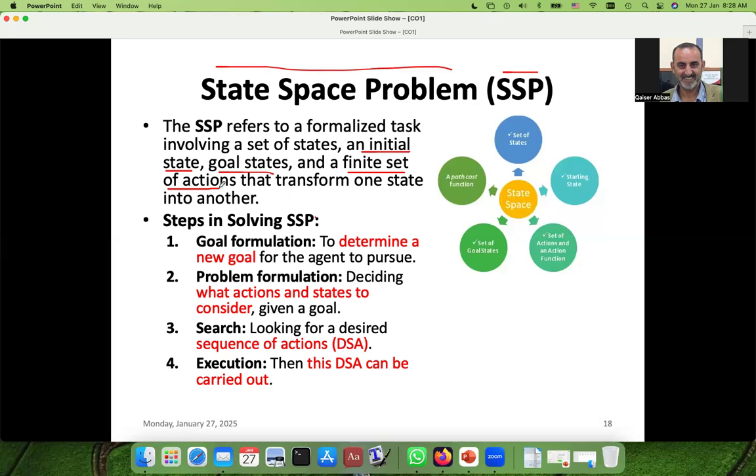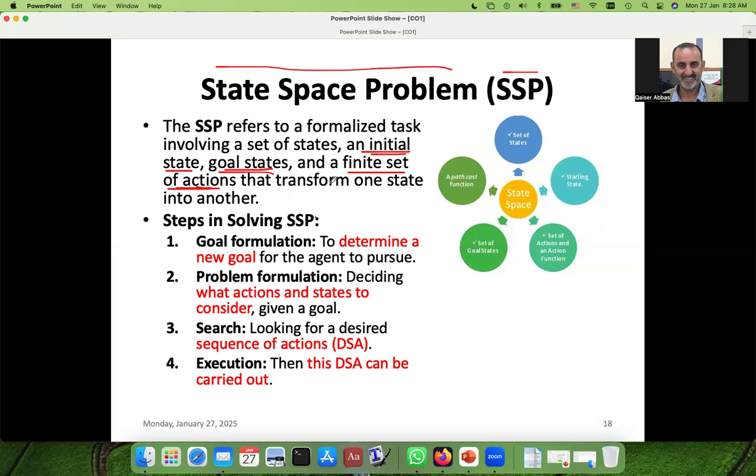So in a problem, you have some initial state and then a final state, and in between you will have other states. From the initial state you will apply some action and then you can reach the next state, and then you will apply some action and reach the next state, and so on. In this way you will reach the final state. So in each problem we normally have an initial state, a final or goal state, and a finite set of actions. You will perform these actions from one state and then you will reach another state.